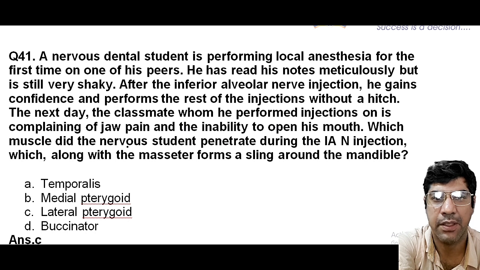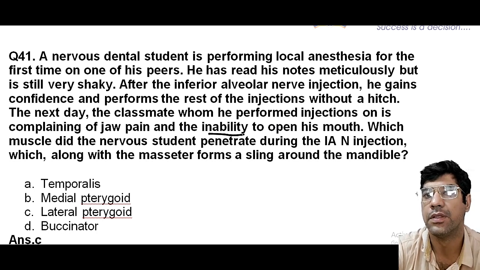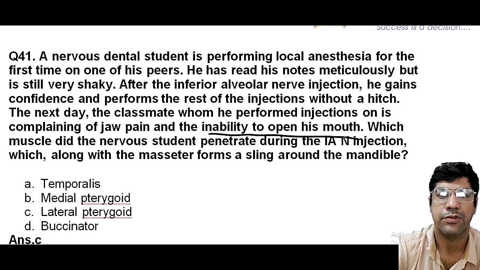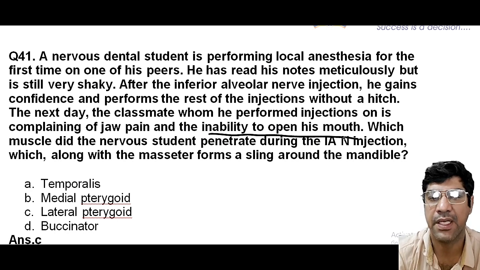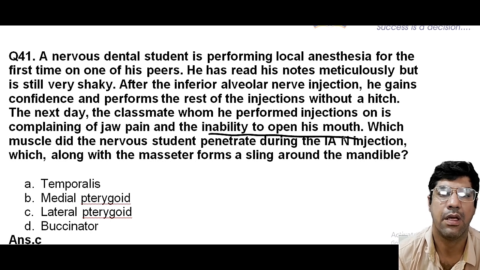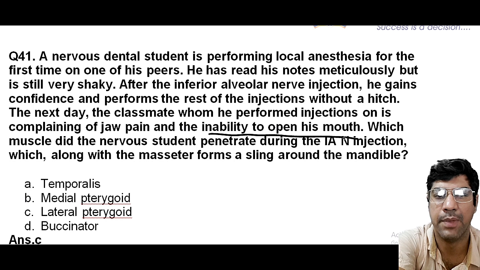Next day, the classmate who received the injection is complaining of jaw pain and inability to open his mouth. So which muscle did the nervous student penetrate during the inferior alveolar injection? Along with the masseter, it forms a sling around the mandible. The answer is medial pterygoid.